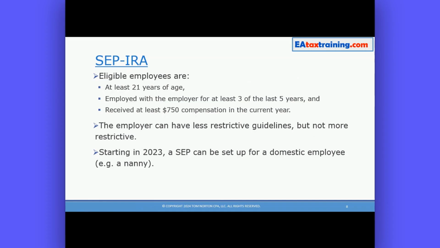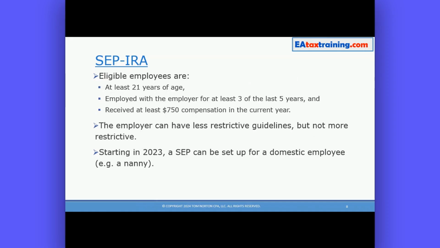So eligible employees for a SEP must be at least 21 years of age. They must have been employed with the employer for at least 3 of the last 5 years, and they received at least $750 of compensation in the current year. The employer can actually have less restrictive guidelines than those, but not more restrictive.